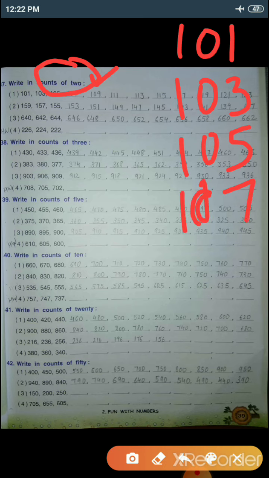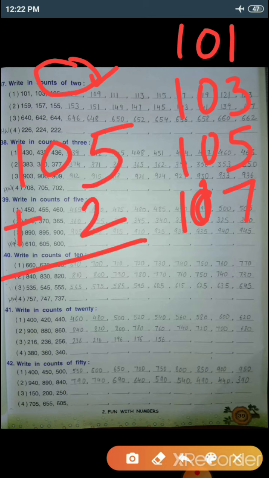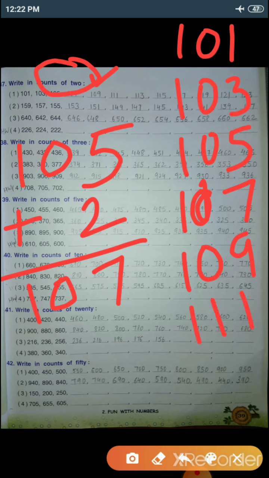So the next number is 107. You can see here 105 plus 2, 5 plus 2, 7, and 1, 0, 1. So 107. Again add 2, then 109. Again add 2, then 111. So by adding 2, we get the next numbers.